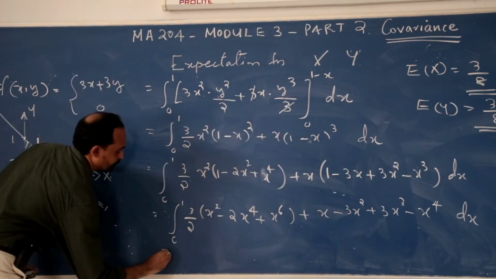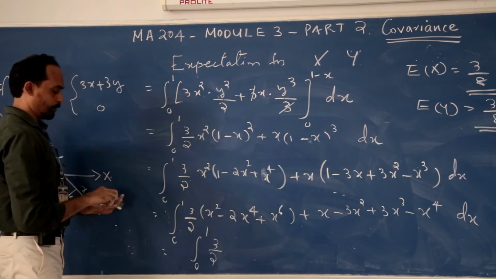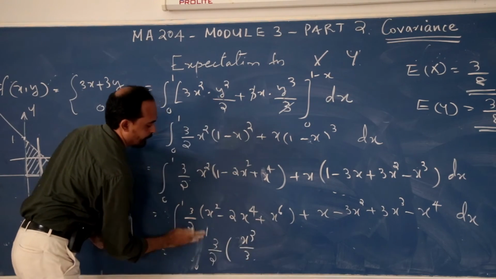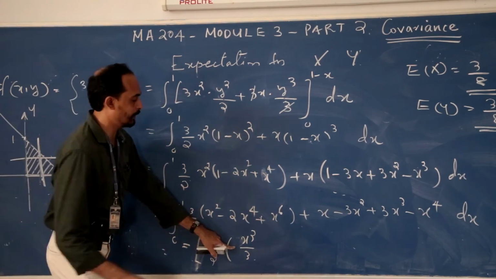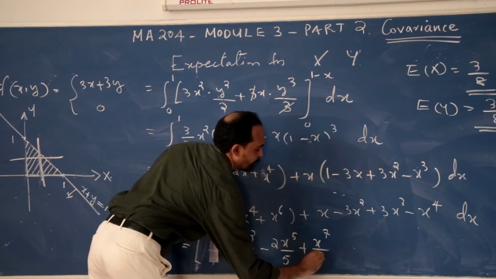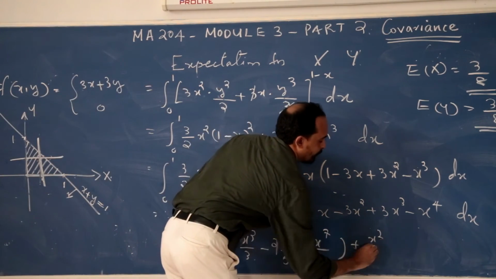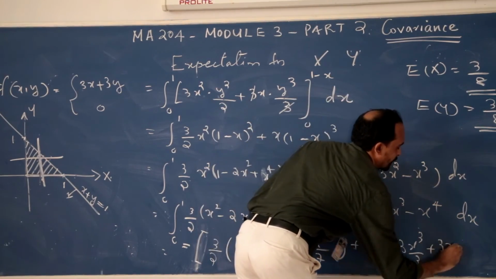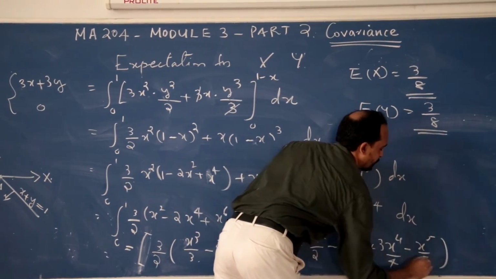Integrating, 3 by 2 is a constant. Integral x square is x cube by 3, minus 2 x raised to 4 by 4 plus x raised to 5 by 5, plus x is x square by 2, minus 3x square is x cube, plus 3 x cube is 3 x raised to 4 by 4, minus x raised to 5 by 5.